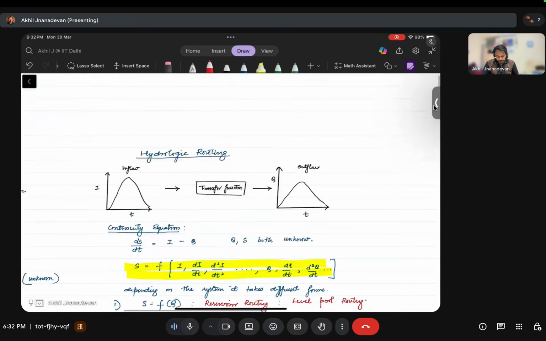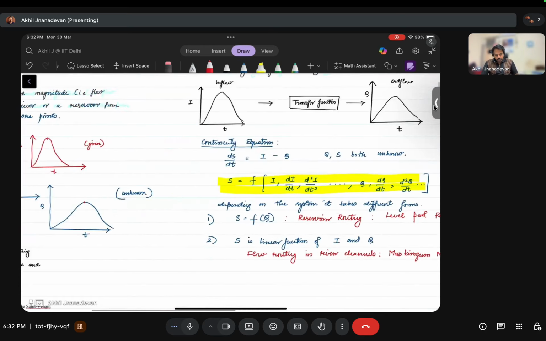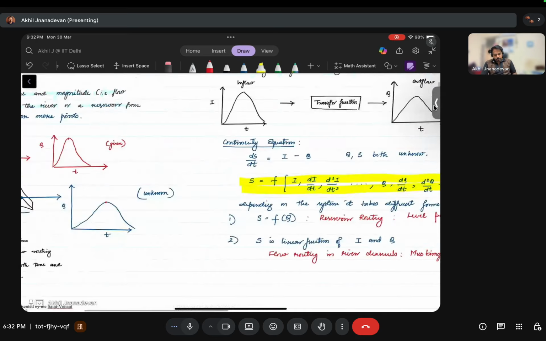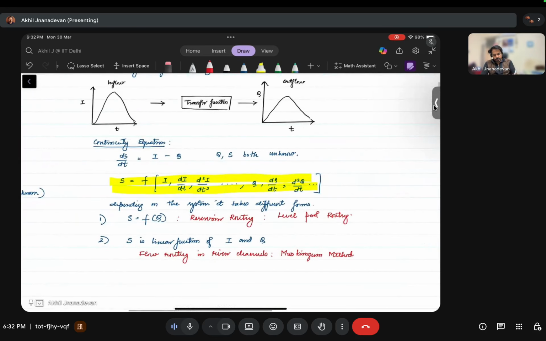Okay. Then, both the important methods, that is level pool routing and the Muskingum method that we'll be discussing today, are part of hydrologic routing or lumped routing methods. It's not a distributed one in which we use both the continuity and momentum equations and RTT.